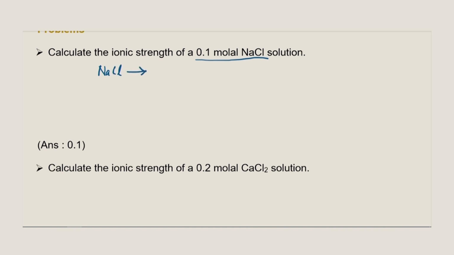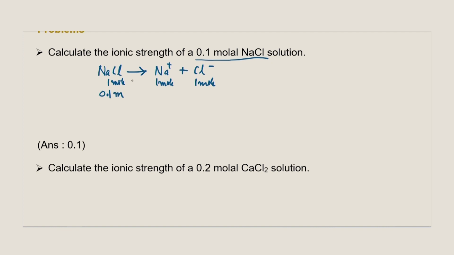It dissociates as Na plus and Cl minus. Here you can see, if I take 1 mole of sodium chloride, you will get 1 mole of sodium ions and 1 mole of chloride ions. In this case, the concentration of sodium chloride taken is 0.1 molar.